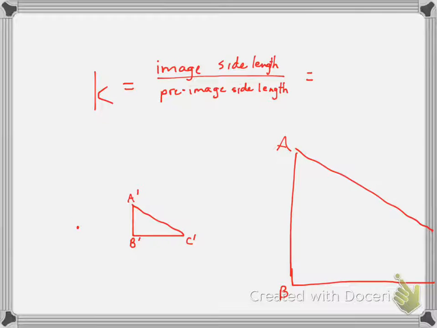And I'm going to say this is 14, and this one is 4 still. Now it's the pre-image over the image. Or sorry, it's the image over the pre-image, I should say. So the image right here is a smaller triangle. Remember, the image is always your primes. So I'm going to put the image length, which is 4, all over the pre-image, which is 14. And that tells me that I have a scale factor of 2/7. All right.